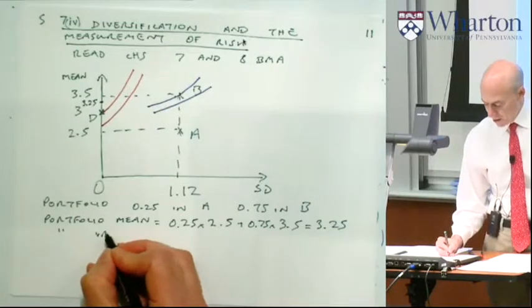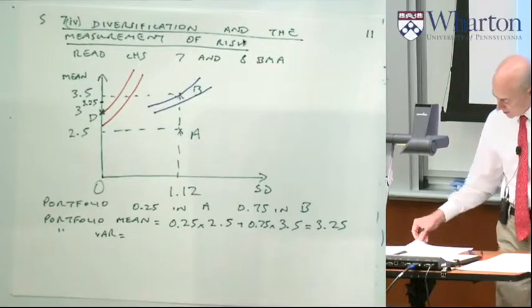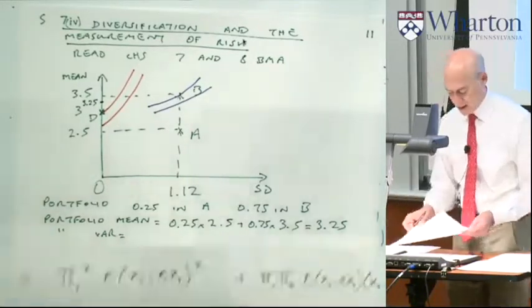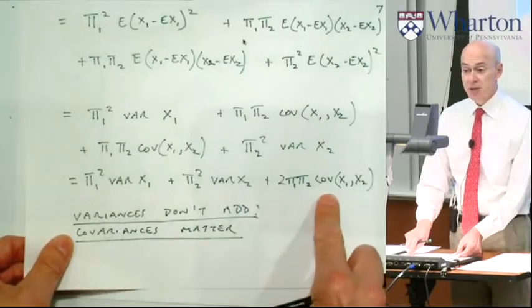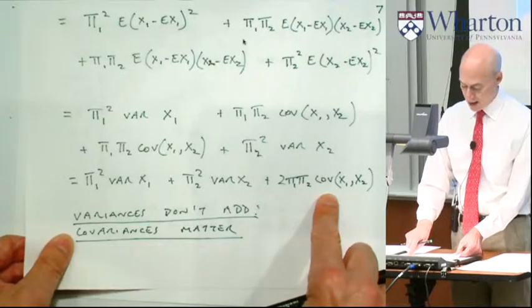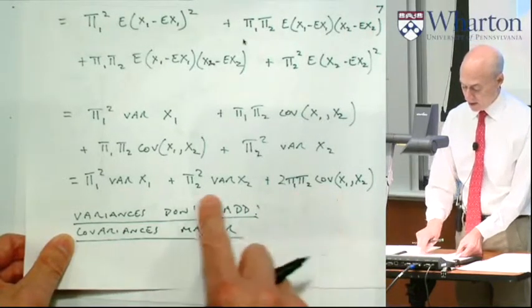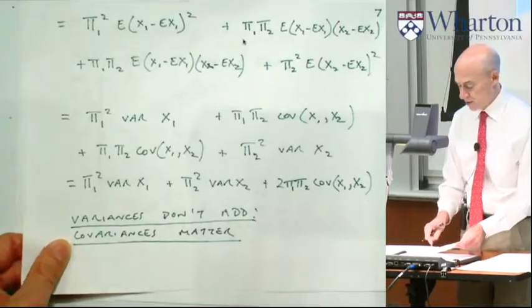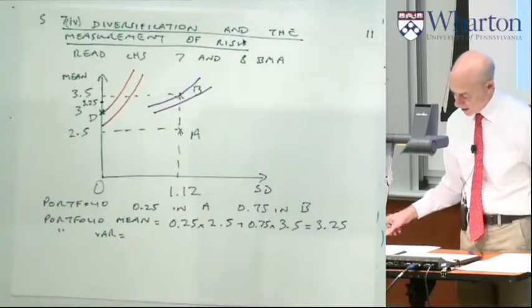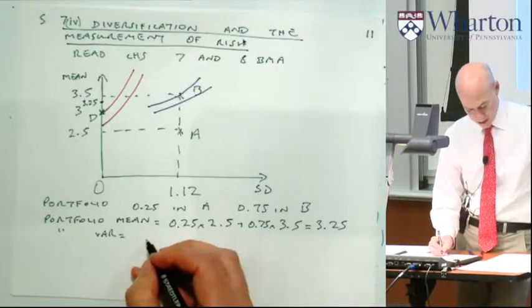If we look at the portfolio variance, we know our formula for that is this expression here, pi1 squared variance of x1 plus pi2 squared variance of x2 plus 2 pi1 pi2 covariance x1 x2.